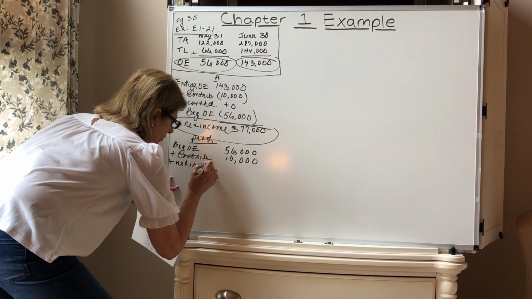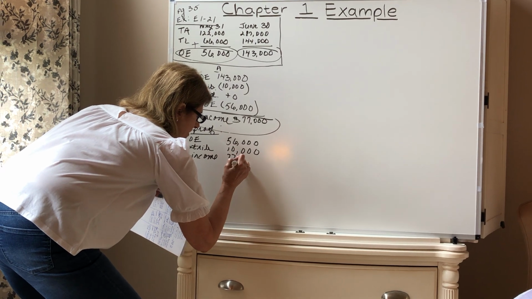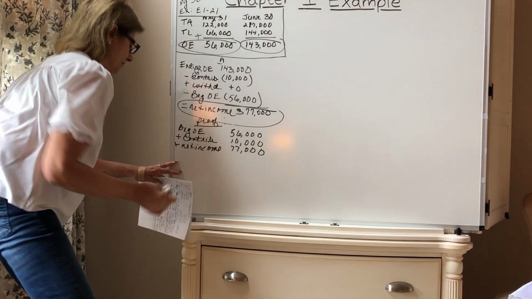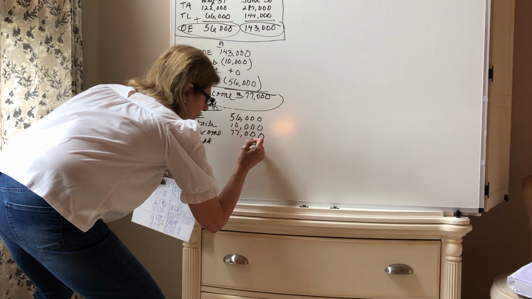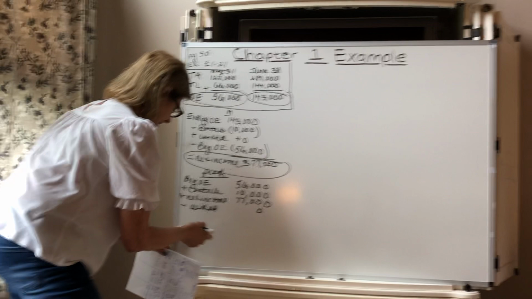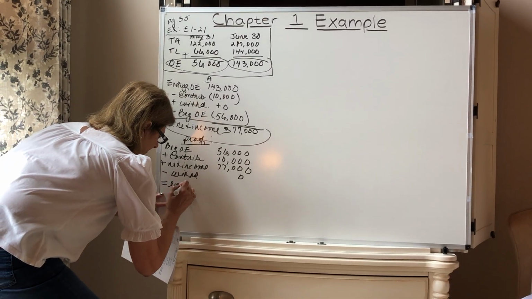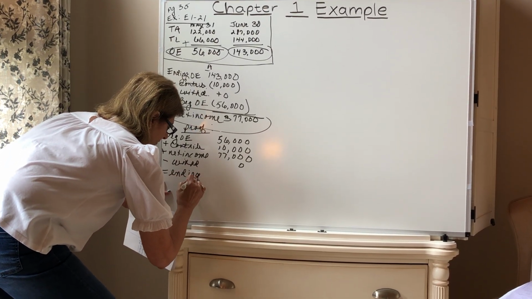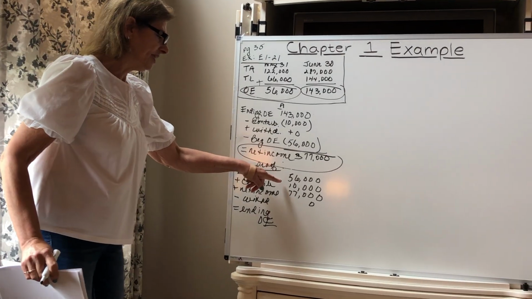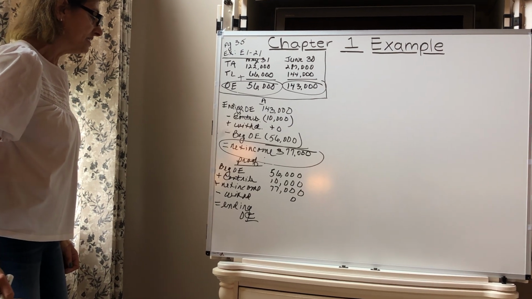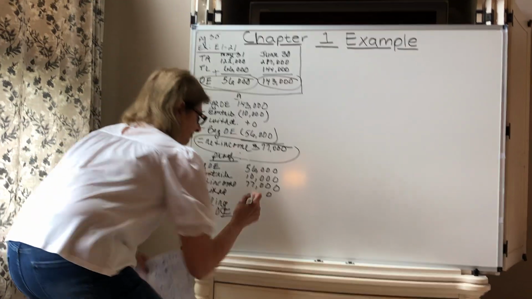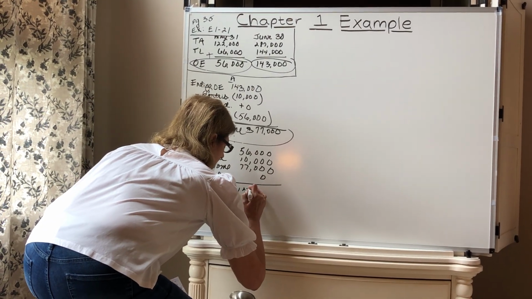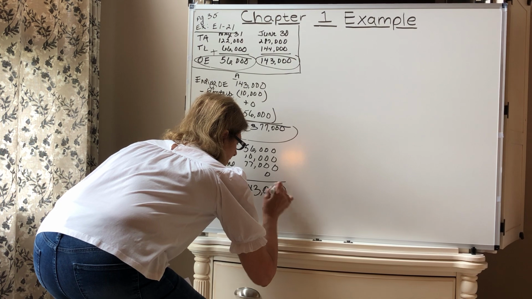We just figured out net income is 77,000, minus withdrawals. No withdrawals, but I'm filling it in anyway. Equals ending. Let's see if we got it. 56 plus 10 is 66, plus 77 is 143. Perfect. So that's the proof we did it right.